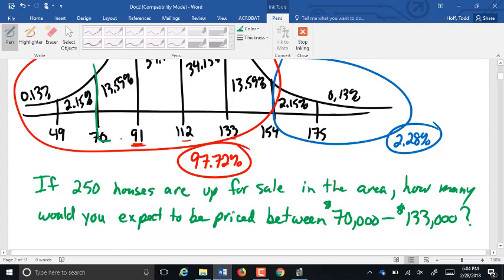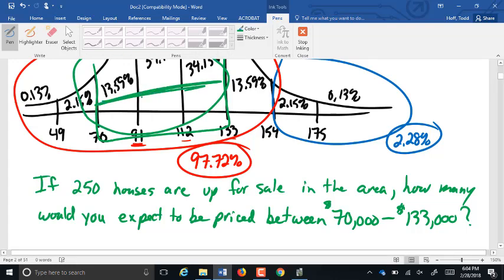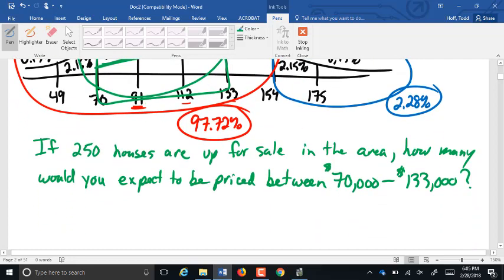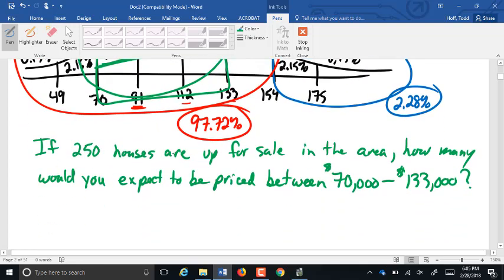Well, here's 70,000, here's 133,000. If we add up those percents in there, 34.13 plus 34.13 plus 13.59, that is 81.85%.